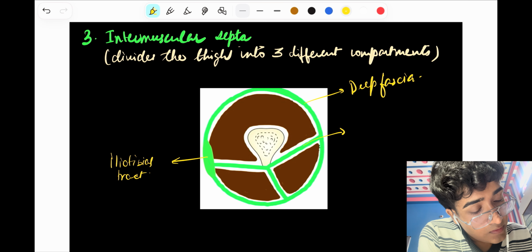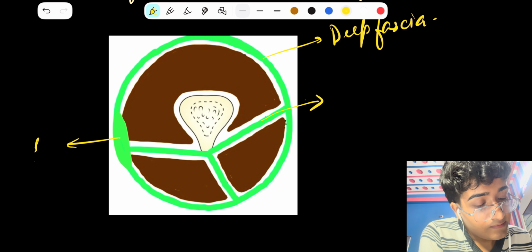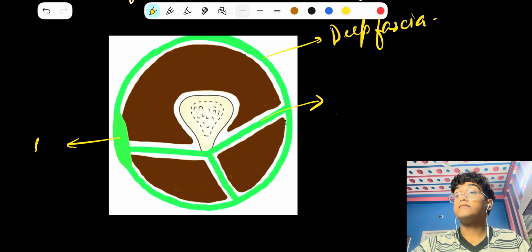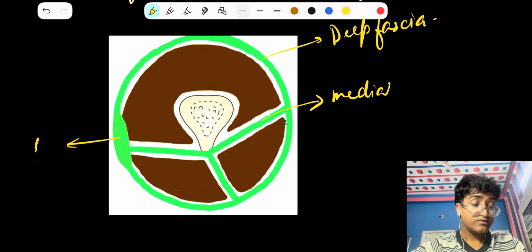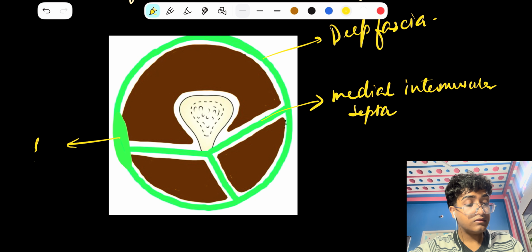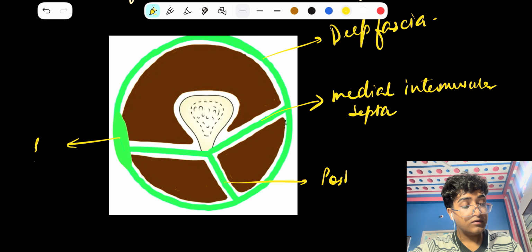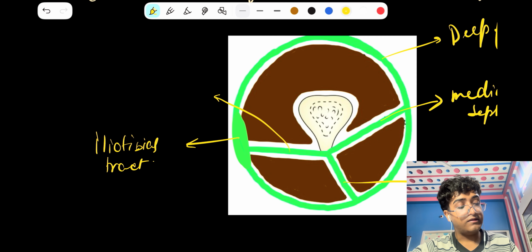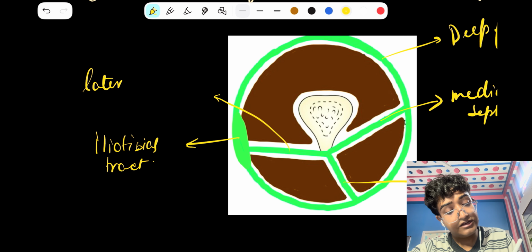So this septa is known as the medial intermuscular septa, this is the posterior intermuscular septa, and this one is the lateral intermuscular septa.